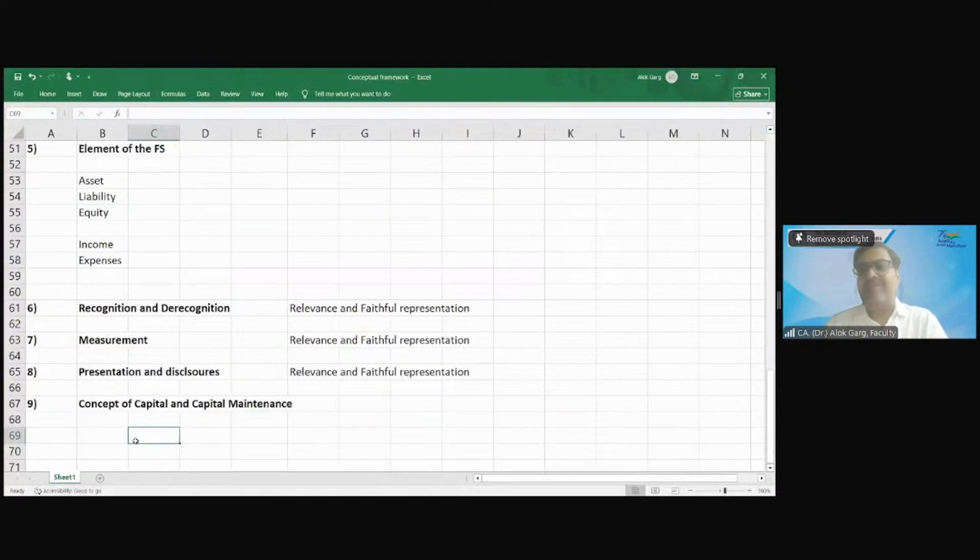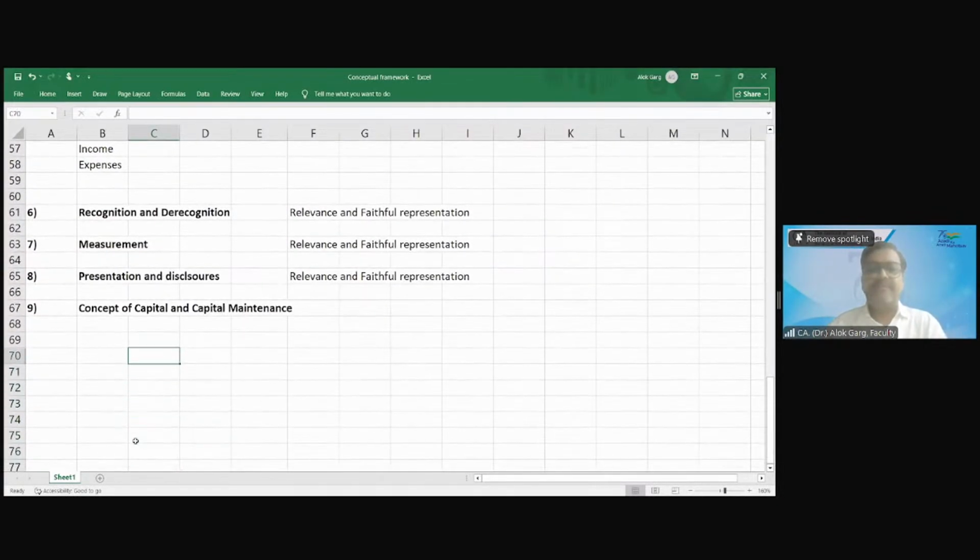Let me explain here. Purchase. What is the value of the purchase? 6,000 units at the rate of 2 rupees per unit. So what is that? 12,000. Right?